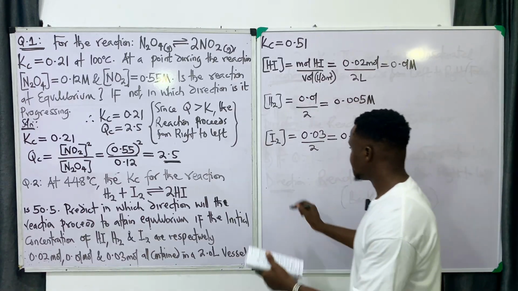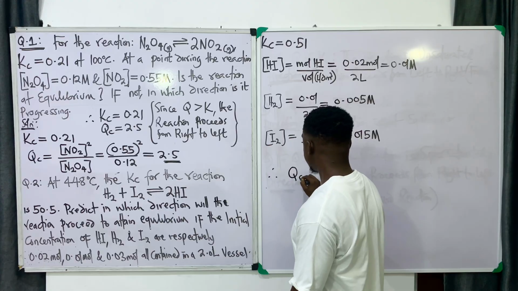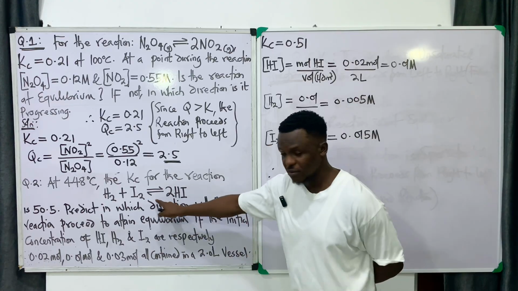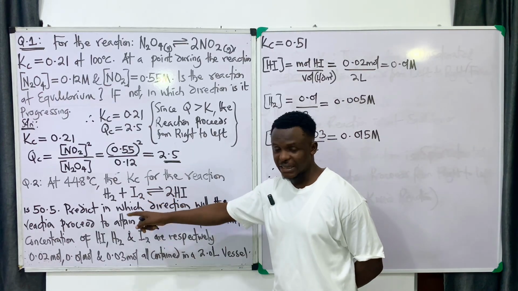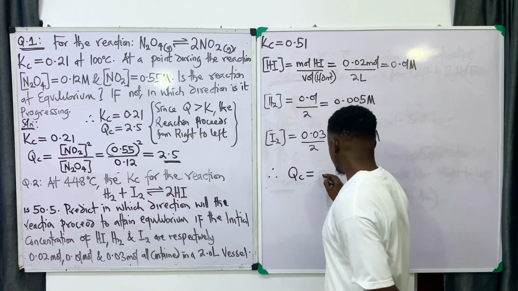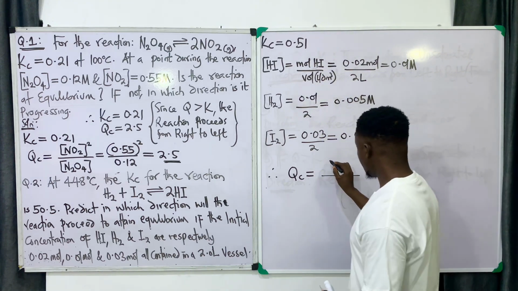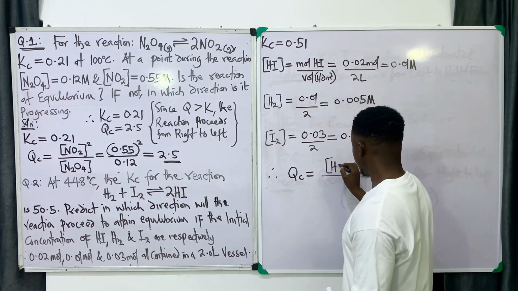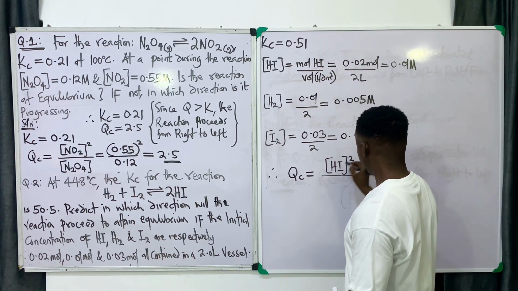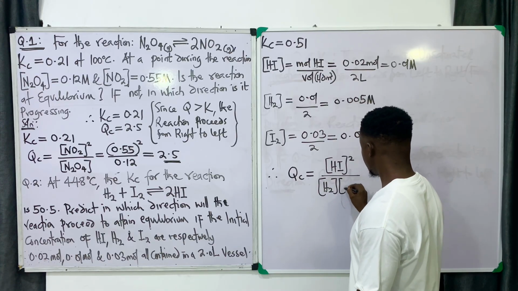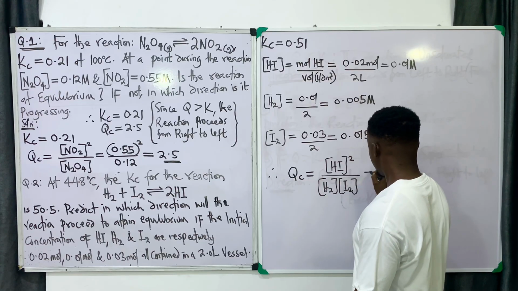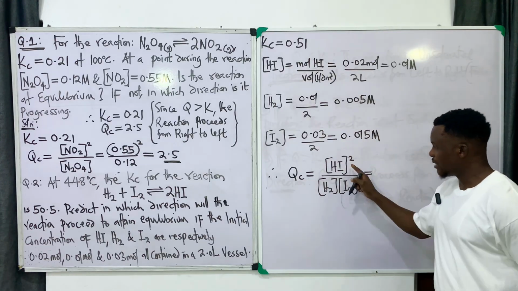All right, so we say Qc for this. Now this is the reaction. The concentration of the product divided by that of the reactants, each raised to their coefficients. So the product is HI and the reactants are H2 and I2. So let's input the values.